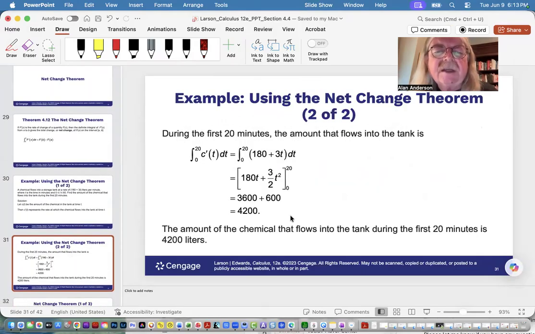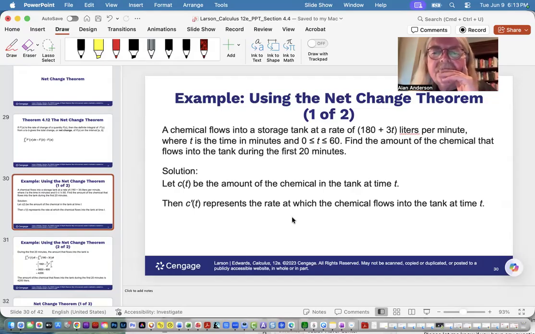So here's an easy example of this. Let's say, and again, it's physics, they love their physics. During 20 minutes, we've got a tank that's filling up with some chemical or other at a rate of 180 plus 3t liters per minute.